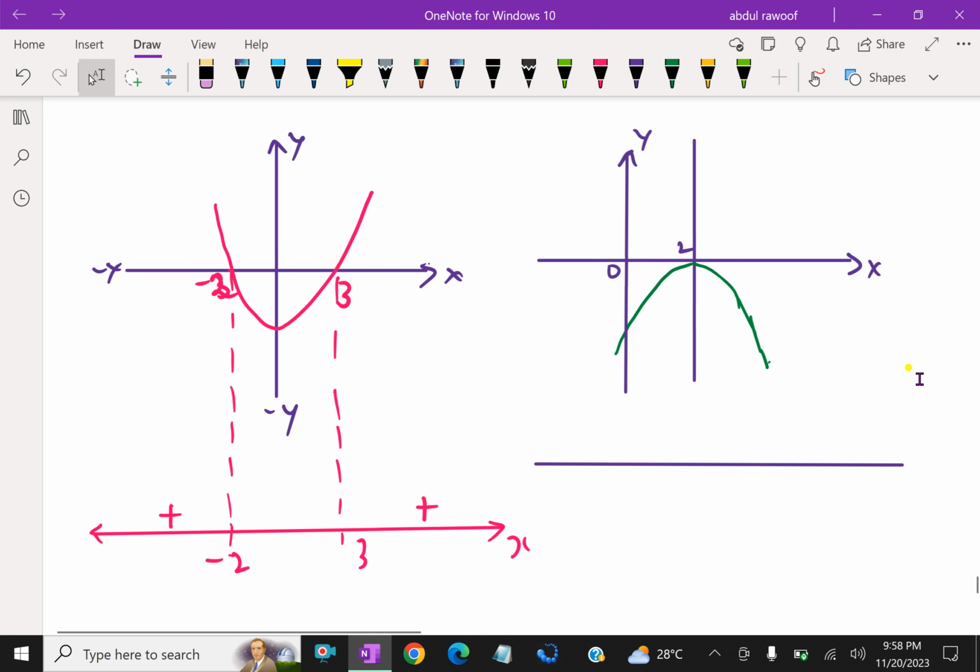Drop a line here. From this 2, the graph is coming down, so it is negative. And on this other side, from 2 it is also reducing, so it's also negative.